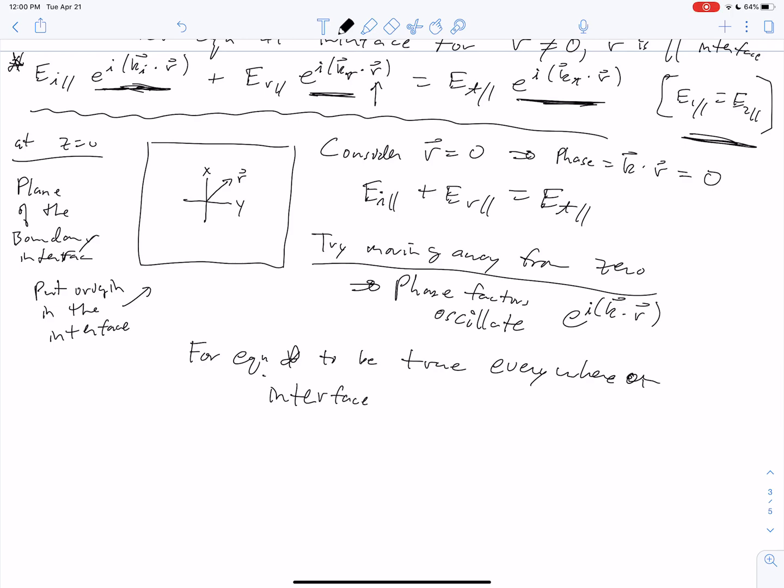For this to be true everywhere on the interface, the phase factors must oscillate the same. Phase factors must oscillate at the same spatial frequency.